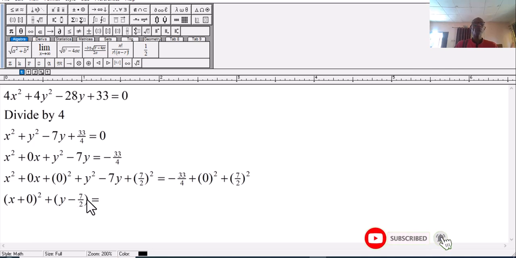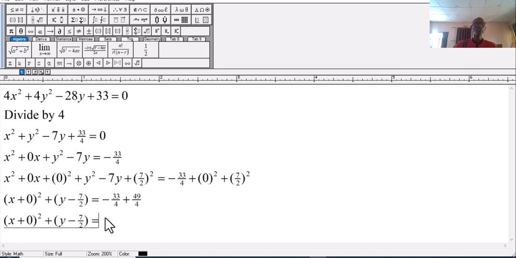That's good. So now this will give us minus 33 over 4 plus 0. I don't need to write this 0. Let me remove that. So this will give me 49 over 4. So I now have this.